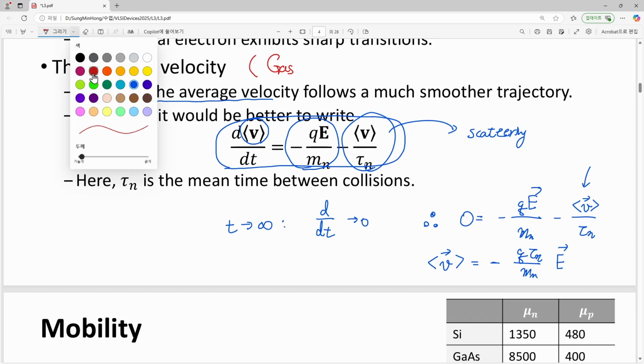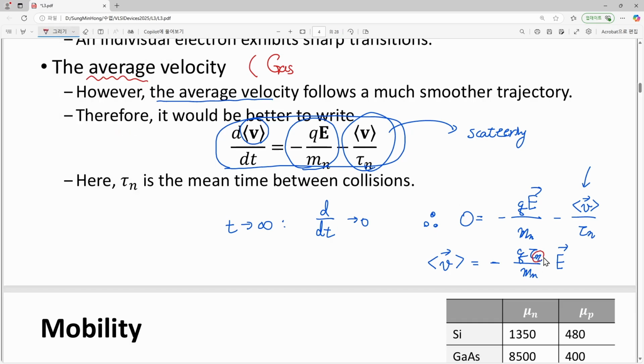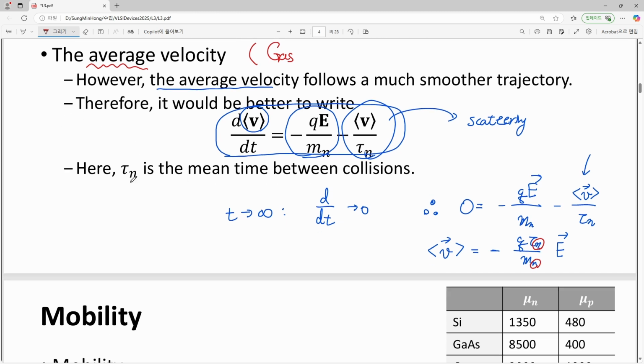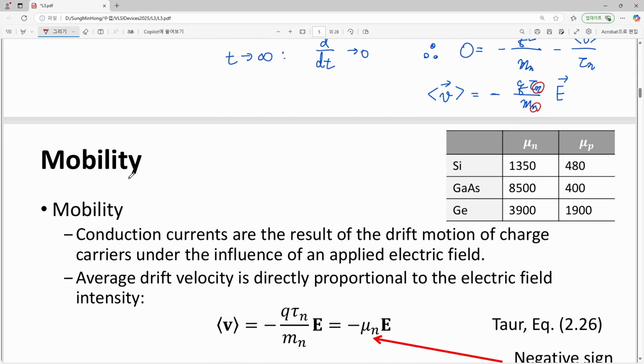Here we have a certain subscript n. These subscripts n are for electrons, and if we consider, for example, holes, then of course we have to switch it to the subscript p. I think that you know it quite well.